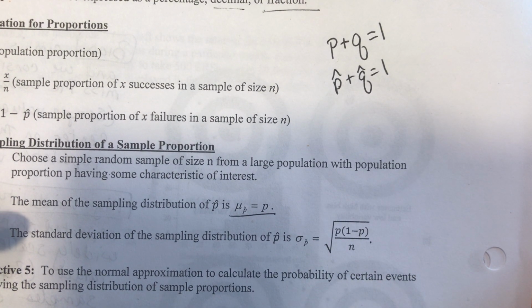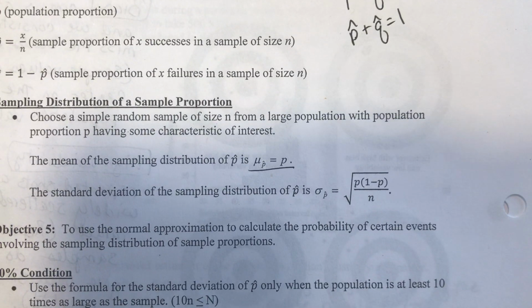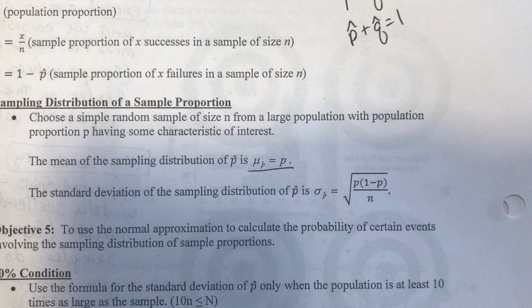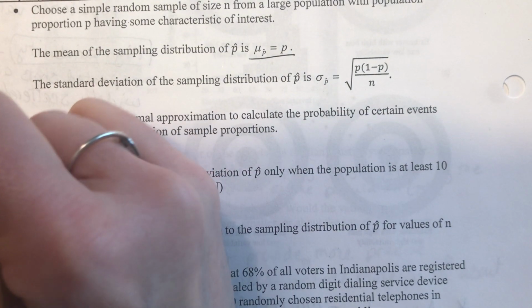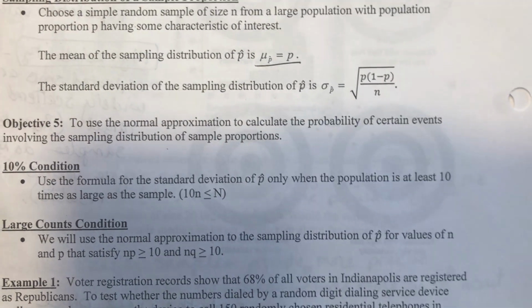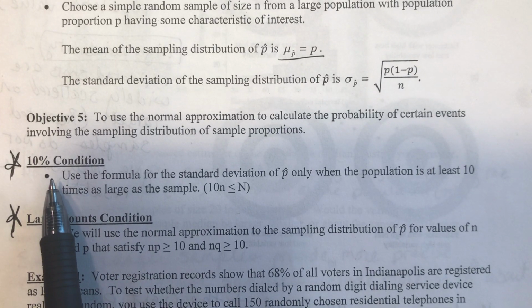All right, so the next thing we want to talk about is the conditions that we have to check. Just like in the last example, we had to check some conditions, or like back when we did binomial distribution. So we have some conditions we need to check here. You always need to check both of these. The first is your 10% condition.